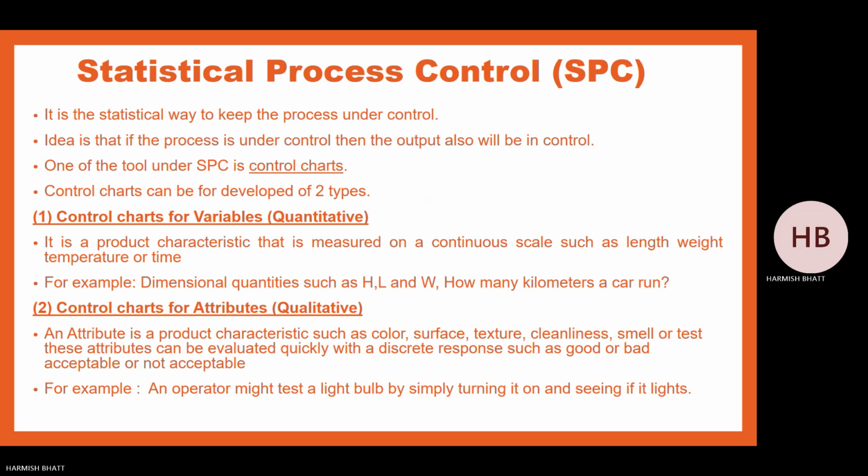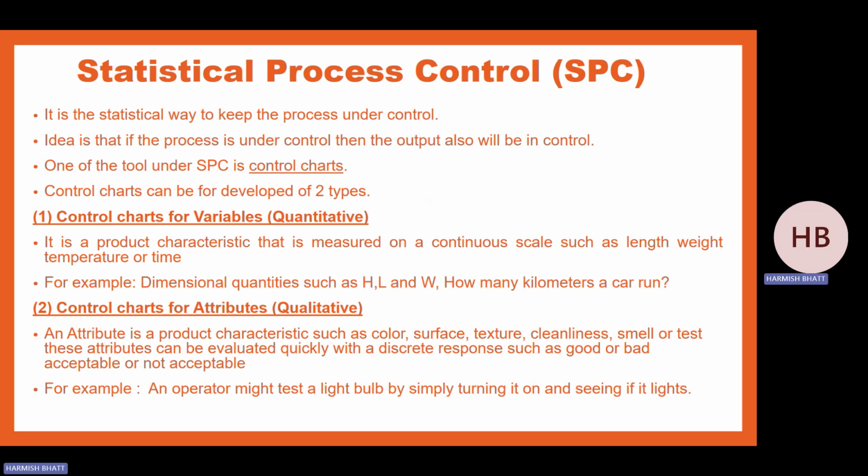Under this approach, we are not going to measure anything. Instead, an attribute of a product such as color, surface, texture, cleanliness, smell or taste can be evaluated quickly with a discrete response such as good or bad, acceptable or not acceptable. For example, an operator might test a light bulb by simply turning it on and seeing if it lights or not.